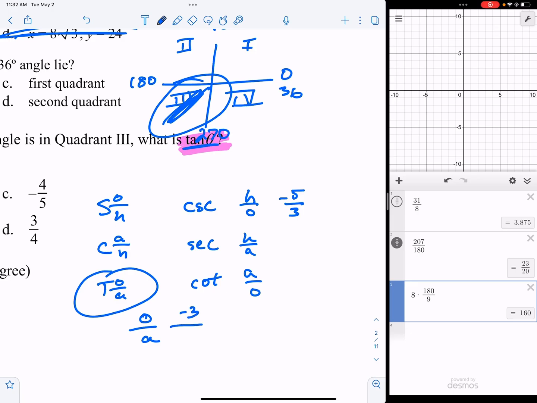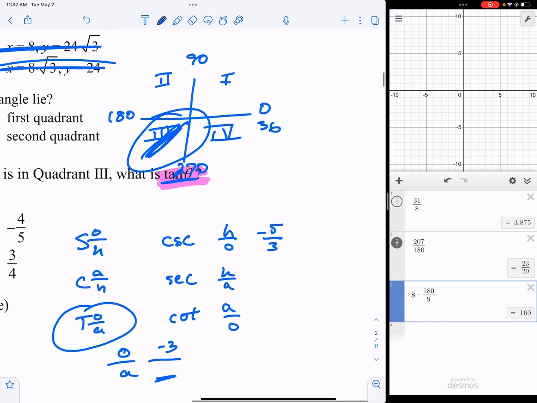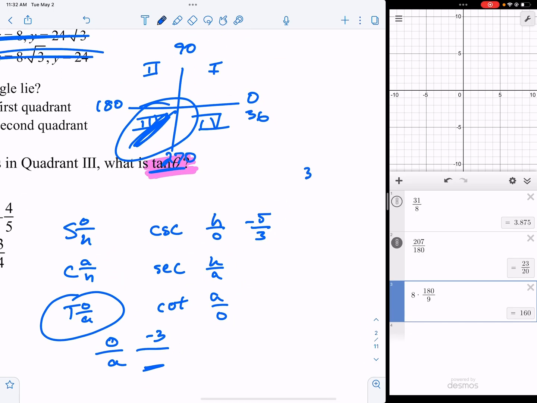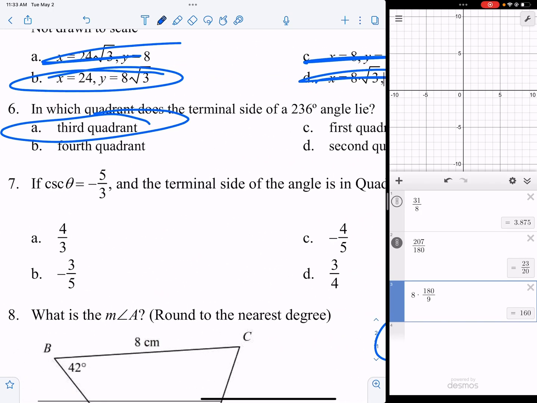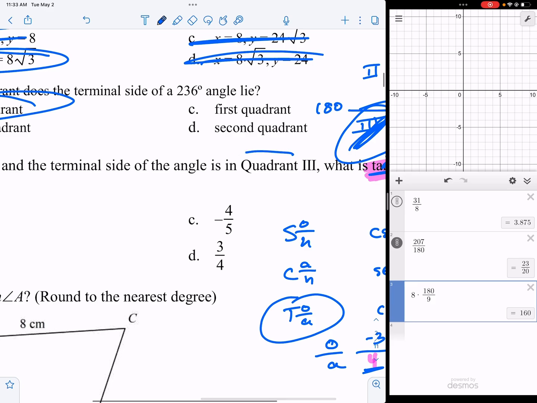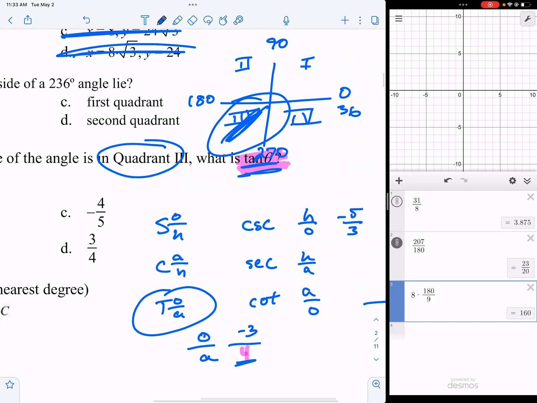We need A. Now I gave you guys in the past some Pythagorean triples, 3, 4, 5, 5, 12, 13. So when I have a 5 and a 3, the last number is 4. But before you think you're done, it says cosecant in quadrant 3, what is tangent?